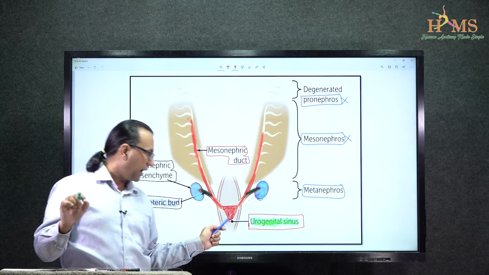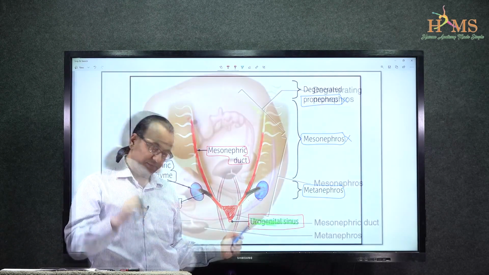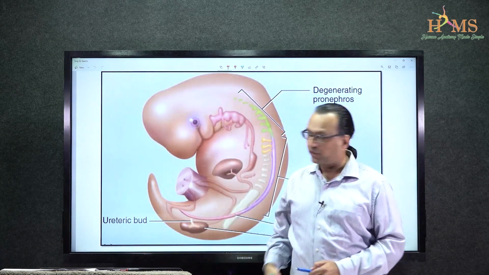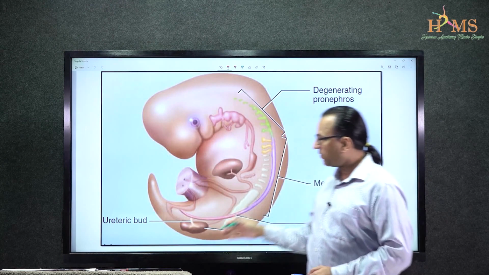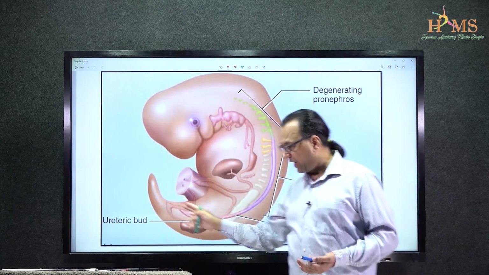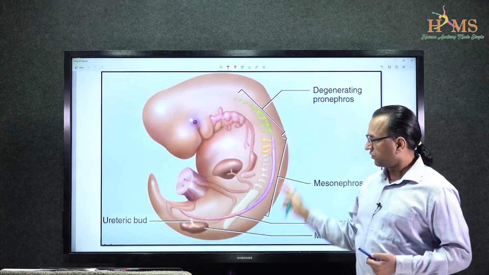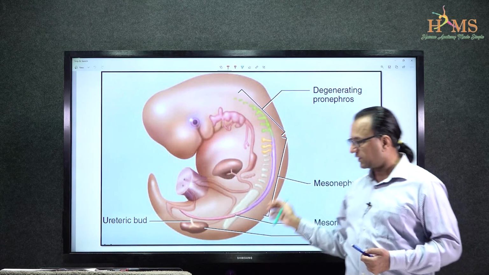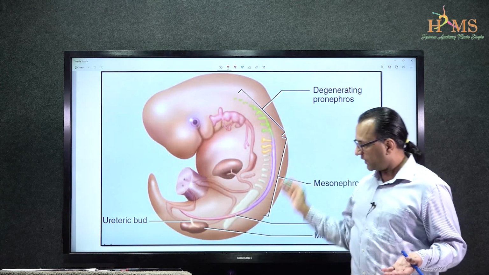Now we need to look at these structures from a lateral view as well. So, as we mentioned, it is going to be a lateral view of the developing baby, and there was one anterior gut tube which is endodermal in origin, and there is one posterior mesodermal structure, intermediate mesoderm, which is going to help us in formation of the genitourinary system.